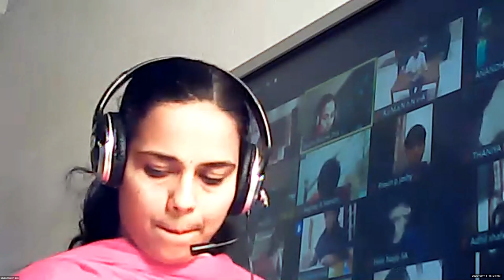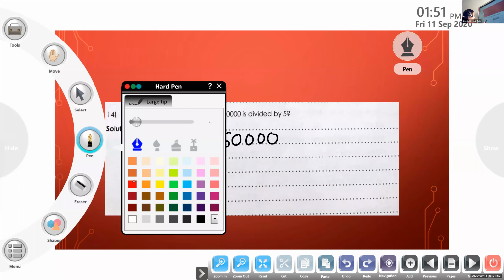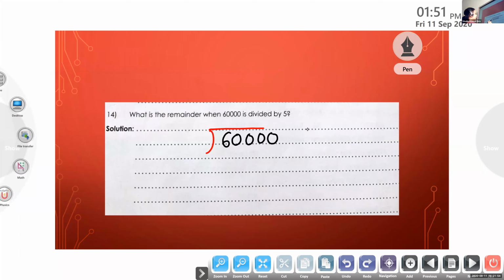So, what is the remainder when 60,000 is divided by 5? Table 5, you know. Write that on the side, it's okay. 60,000 divided by 5. First, this is a single digit number. We will first check the first number of the dividend.